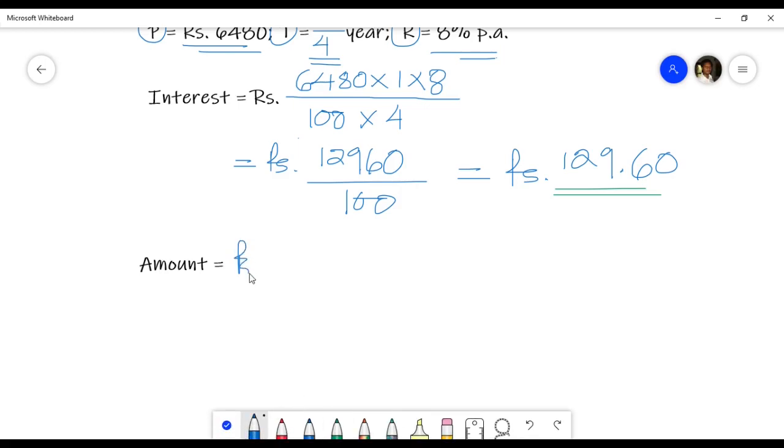Now we have to calculate the amount, and you know the formula of amount is principal plus interest, and the principal here is 6,480 plus the interest for 3 months. We have found it as rupees 129 and 60 paise.